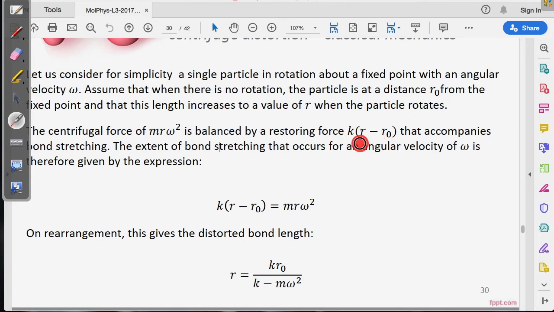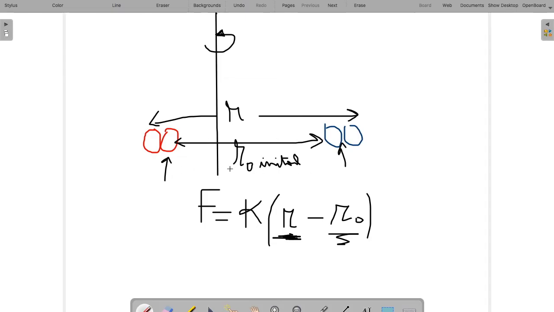This stems from the fact that if you initially have the two atoms m1 and m2 at a distance r0 from one another, when the molecule starts rotating at omega, each atom moves a little bit under the effect of the centrifugal force. Then the displacement, or the elongation, of the bond between the atoms is r minus r0.